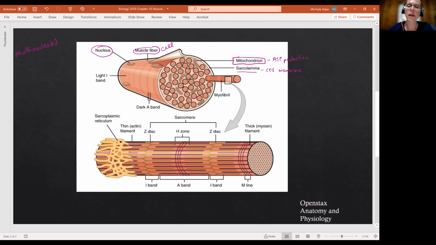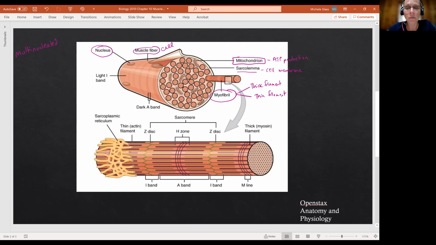Now, remember your myofibril, we talked about is composed of your thick filament and your thin filament. We said that these filaments are also collectively called myofilaments. These are our contractile proteins. So your myofibril is a cylindrical shape. It's inside of the cell, so we see a bunch of those.